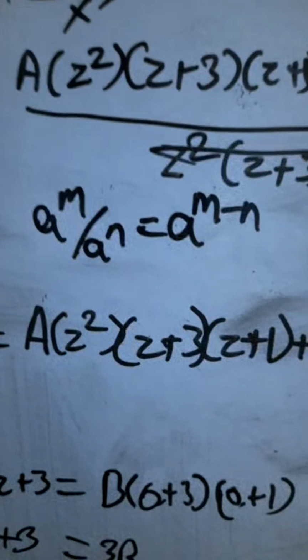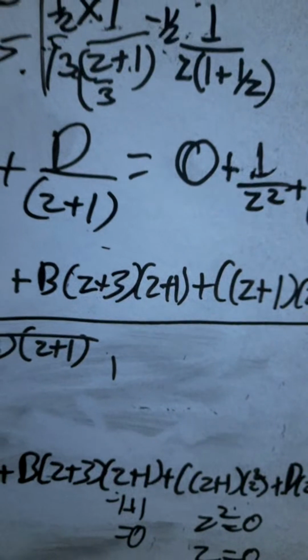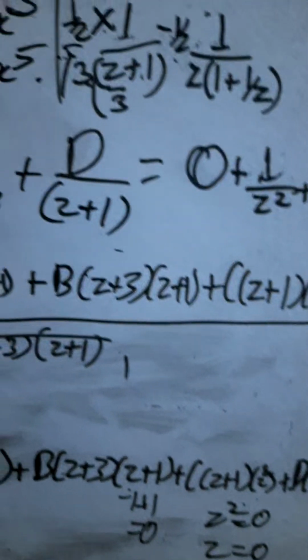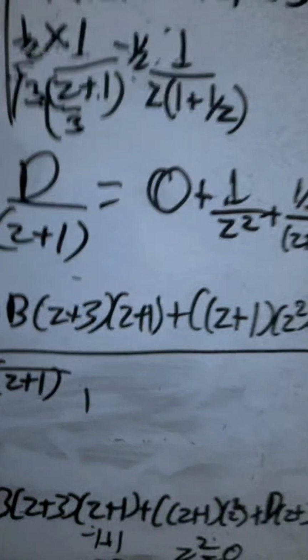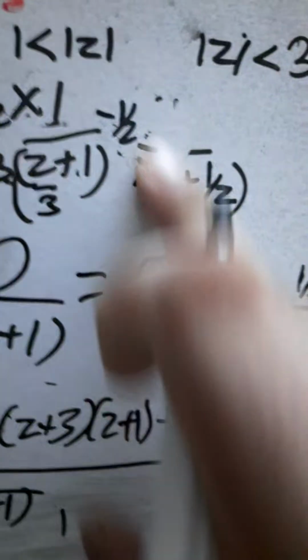So a minus power says how many times we divided, right? And when it is a fractional power, it shows which root we are taking, cube root, square root.